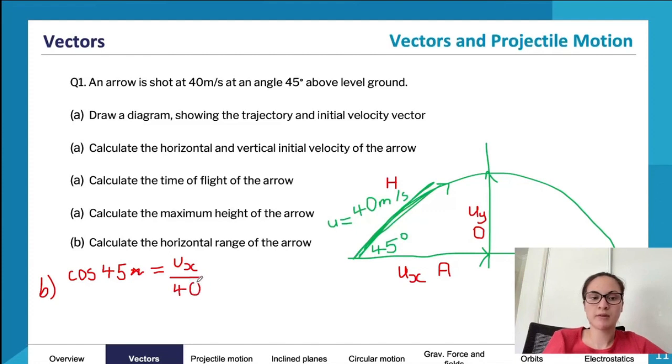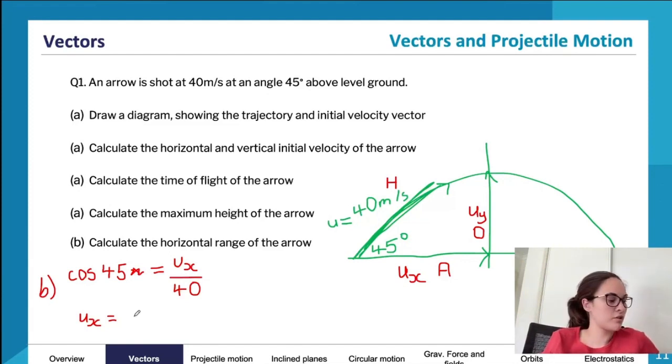Now we multiply both sides by 40 to get ux by itself, and we are left with a number I need to plug into my calculator, but put it into the chat if you've calculated this. So cos 45, and also make sure if you're doing methods or specialist and you're using a graphics calculator, make sure it's in degrees, not radians.